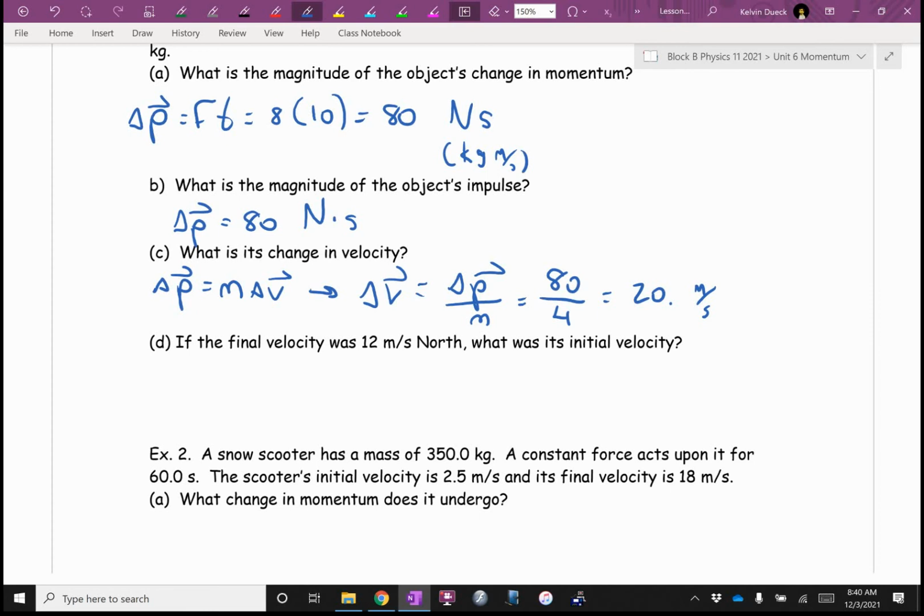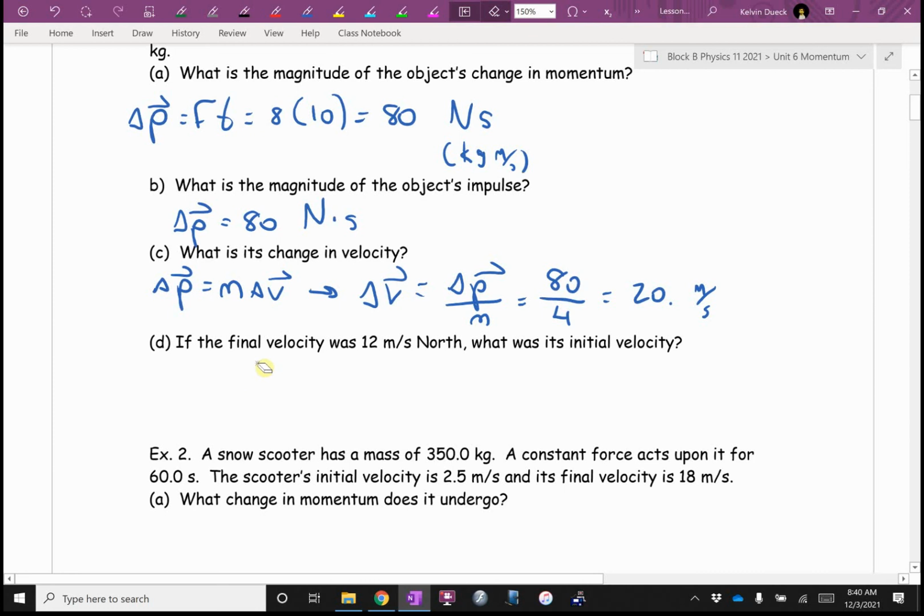Think about it. If my final is 5 and my change in velocity is positive 20, I must have started out at negative 15. Add positive 20 to that, and you get 5. Now you're starting to see why I'm being so fussy about vector notation and direction. We've really got to pay attention to direction.